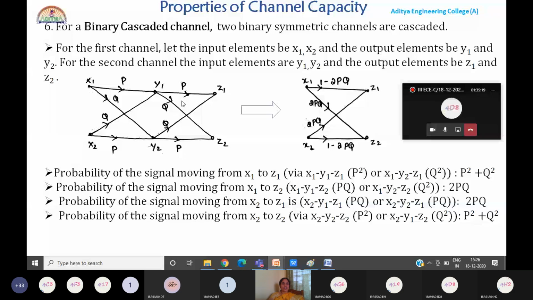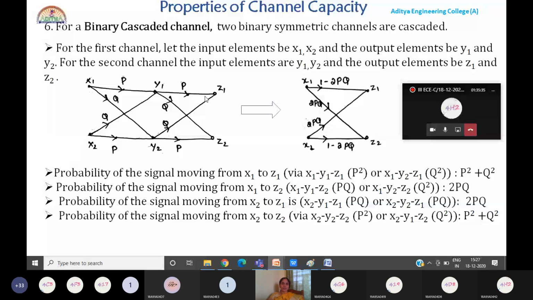Okay, now please observe the first channel. Now what is the whole channel? The complete channel is a cascaded channel whereby the output of the first channel, that is Y1 and Y2, are applied as input to the second channel whose outputs are Z1 and Z2.